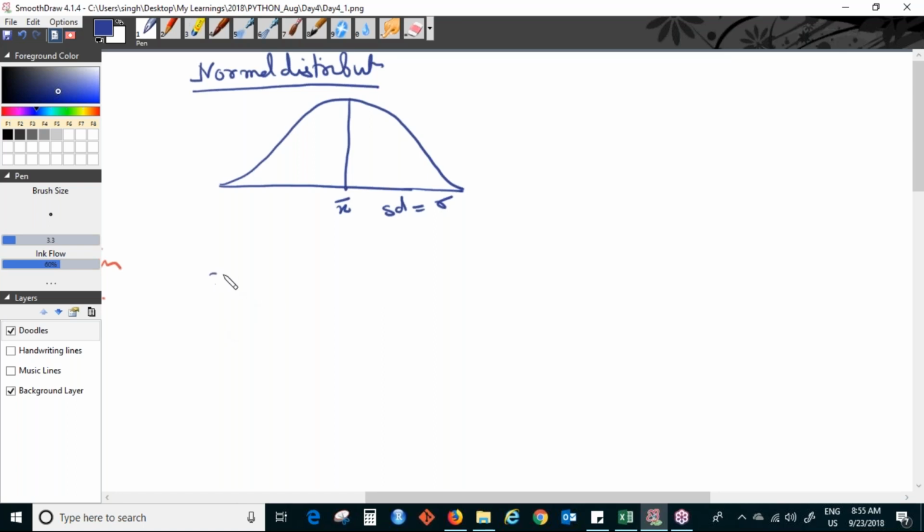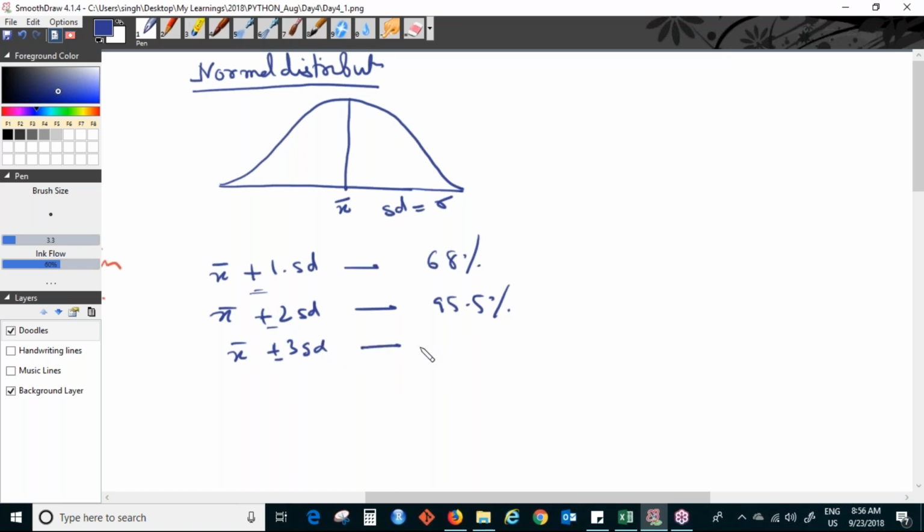We saw yesterday that if we go one standard deviation on both sides of the average, we get 68% of the data. If we go two SDs away on both sides, we get 95.5% of the data. And if you go three standard deviations on both sides, you get 99.7% of the data.